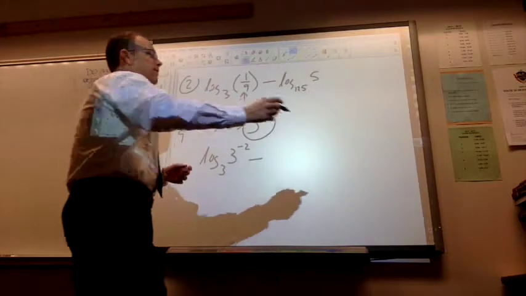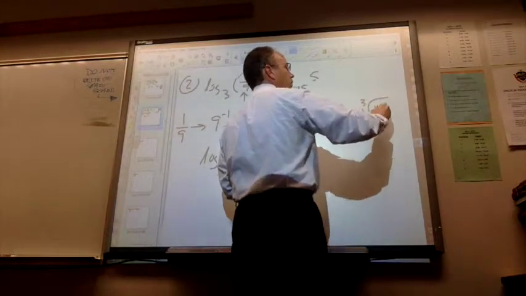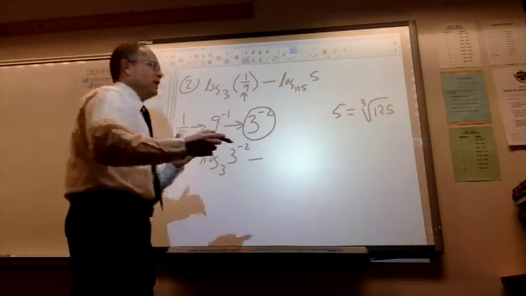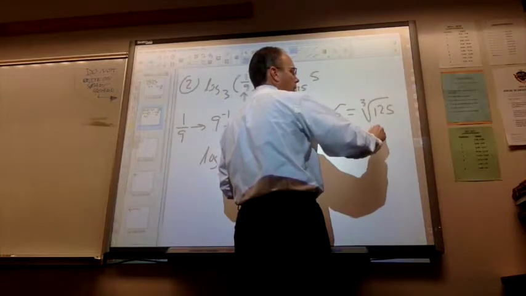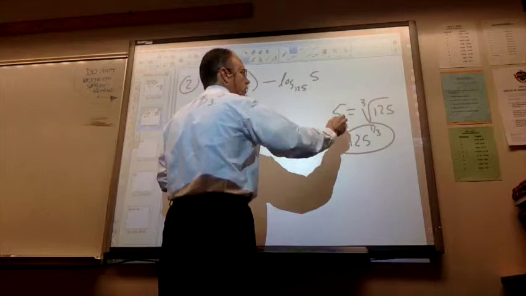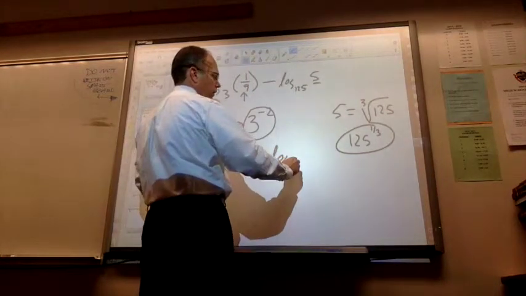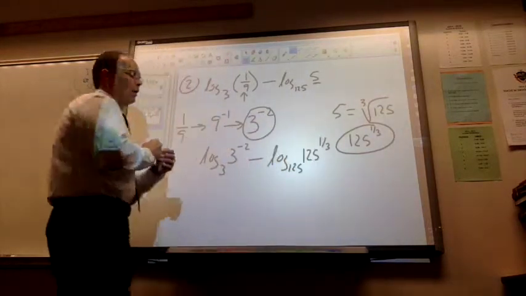Okay, so 5 is the exact same thing as saying the 3rd root of 125. Do you agree with that? It's 5 times 5 times 5. And that means that 125 raised to the 1/3 power is going to be the same thing. So if I plug this back in for 5, I'm going to get minus log base 125 of 125 to the 1/3 power.